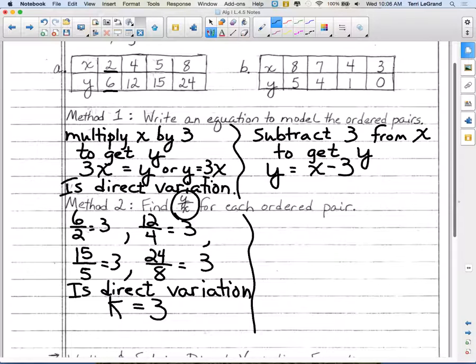Okay, remember what direct variation looks like? Y equals kx. In other words, nothing is being added to the x's or subtracted from the x's. Is this direct variation? This one is not direct variation.